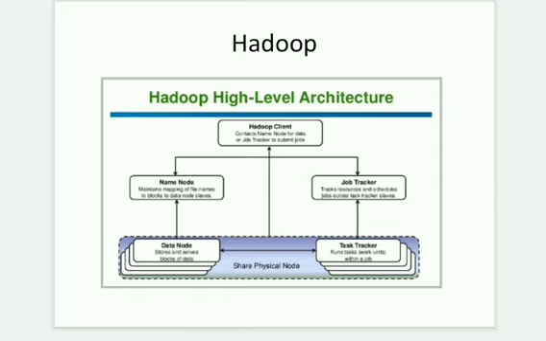Similarly, Hadoop uses the Hadoop distributed file system to store your data, which is similar to the Google file system, that is GFS. The next point is HDFS stores data in terms of blocks.